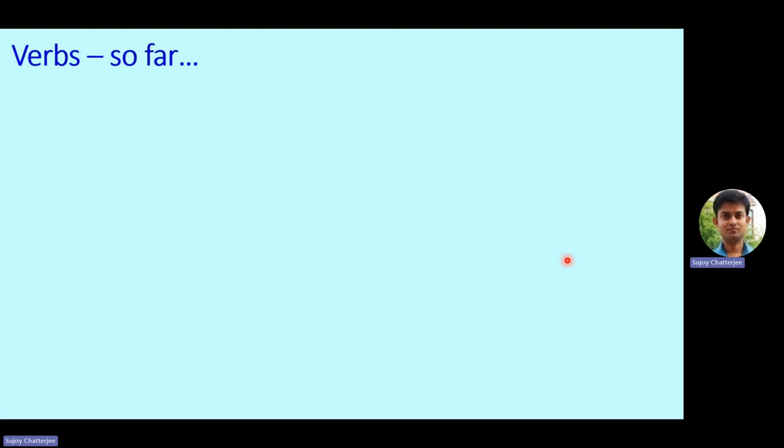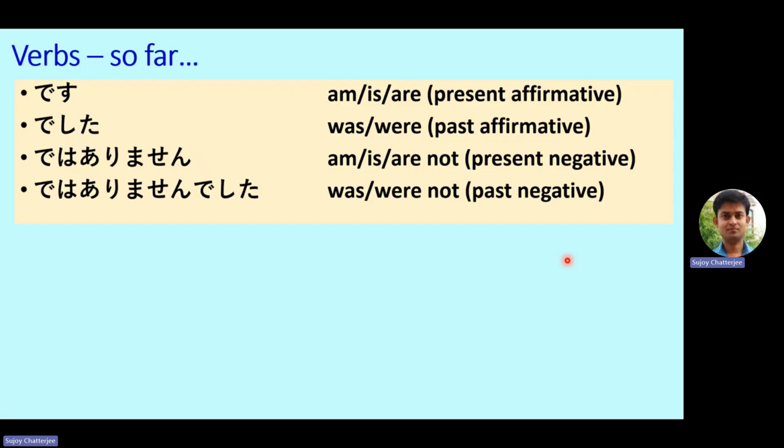So what did we learn so far? We learned the des form. We started with des, which means am, is, or are in the present affirmative. Deshita in the past. Deva arimasen, that is present negative, which means am not, is not, or are not.